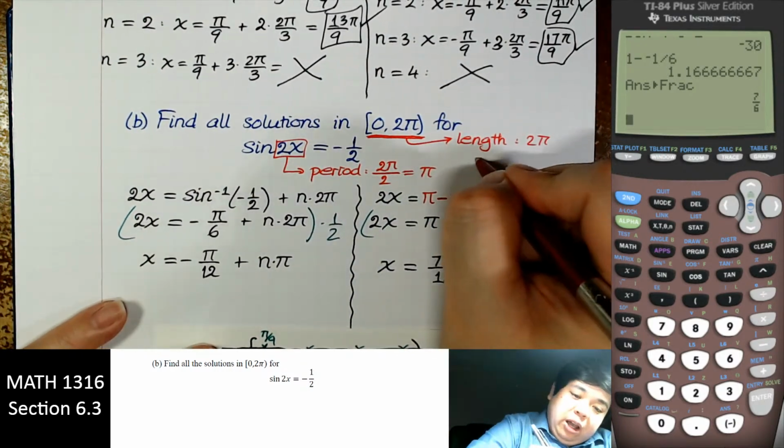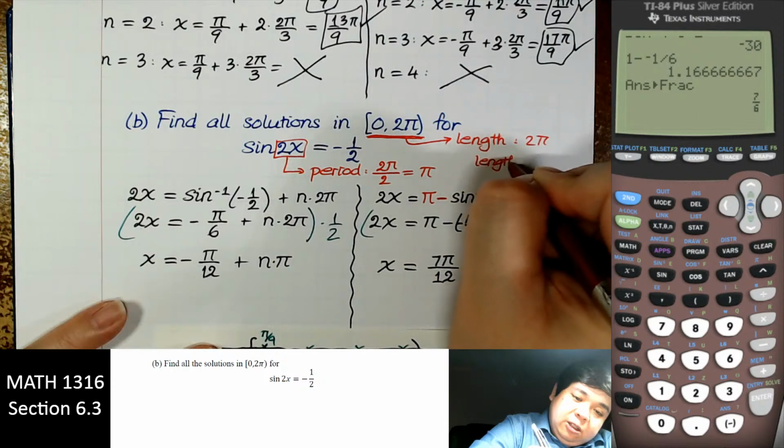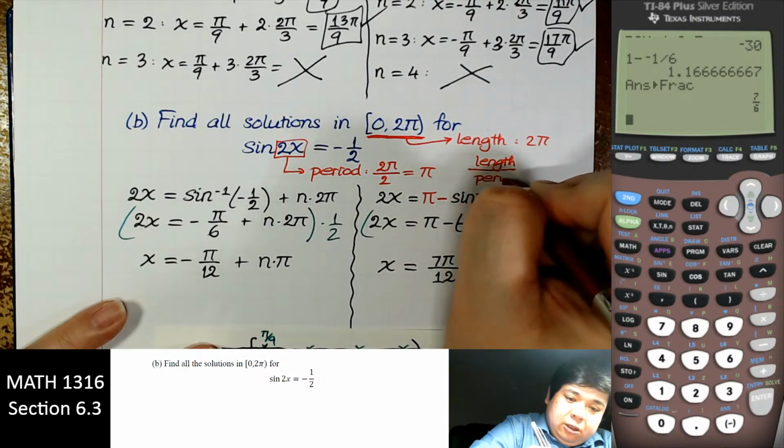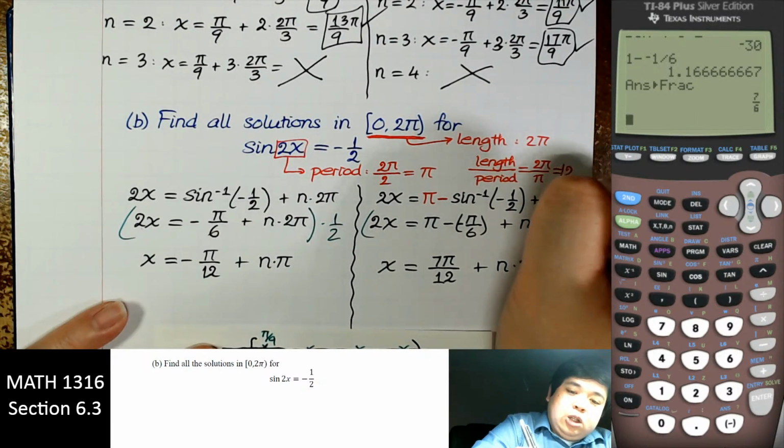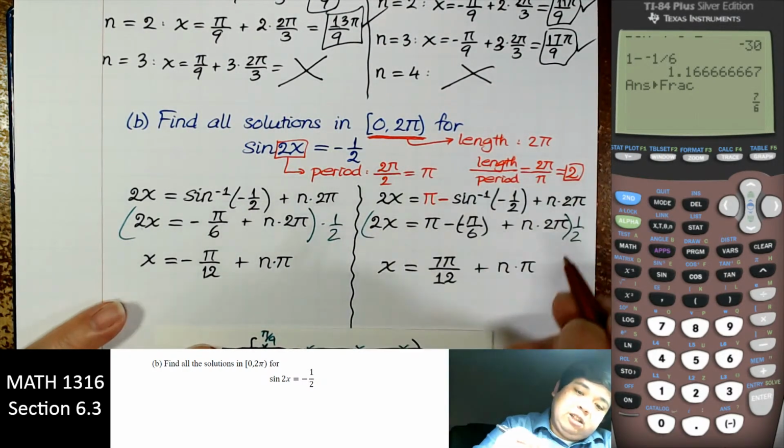So when we do the length divided by the period, 2 pi divided by pi is going to be 2. So we're going to have two values for n.